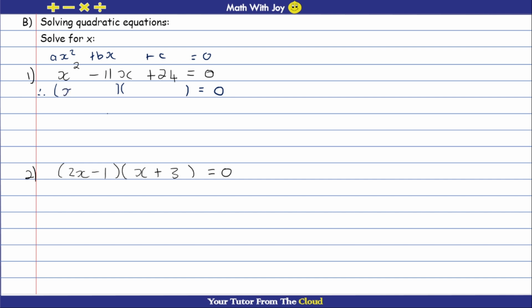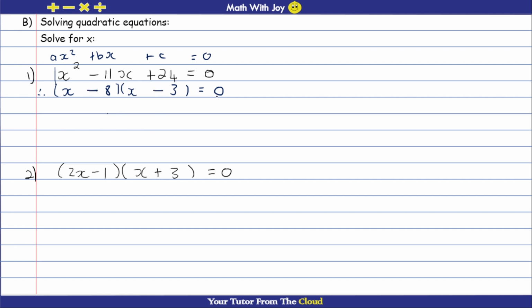So factorizing it, I know there's a coefficient of 1, so I can use the shortcut. Now I'm looking for the factors of 24 that can add to give me 11. And that should be 8 and 3. So I'm going to have an 8, I'm going to have a 3. Then because it's plus, they both are going to have the same sign as the middle term.